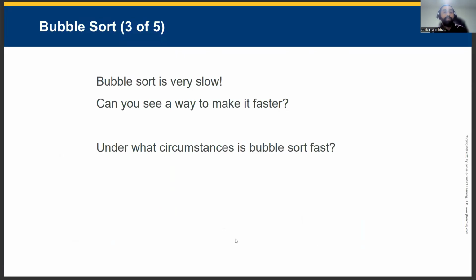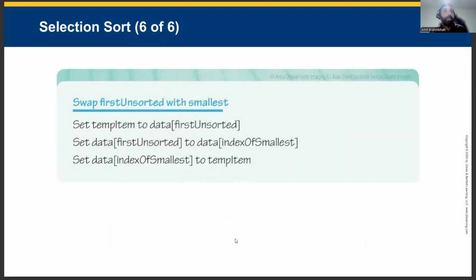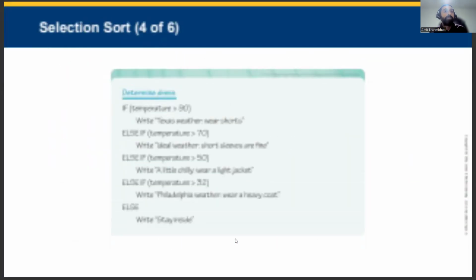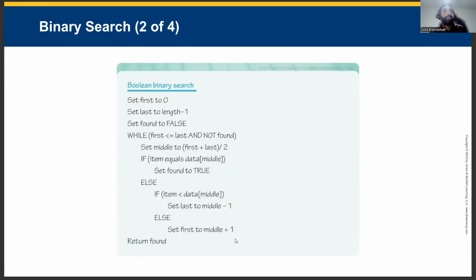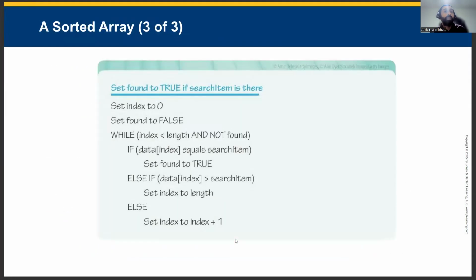Okay, let me get back to the slide again. Okay, the third slide for sorted array. Here we see how a simple algorithm can help you find an item in an array.